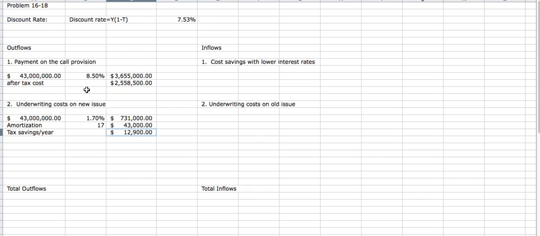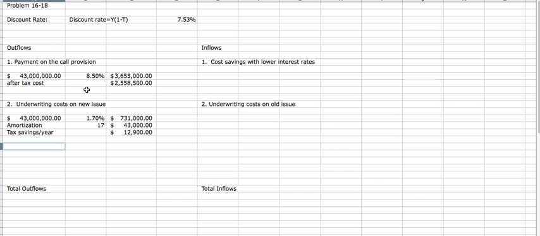Now, first of all, this is our actual outflow of cash, and then we need to calculate the present value of these future tax savings in order to determine our net cost of underwriting.